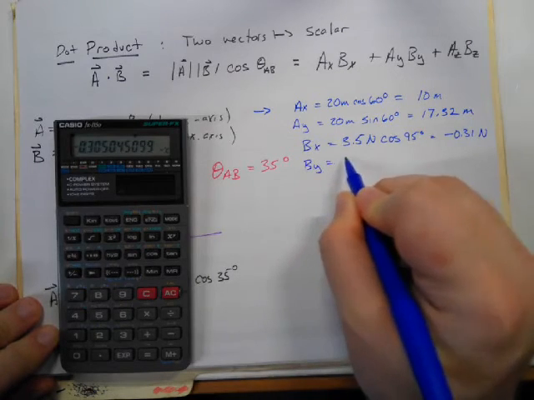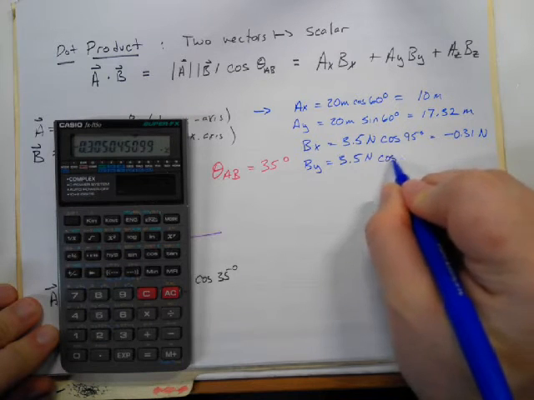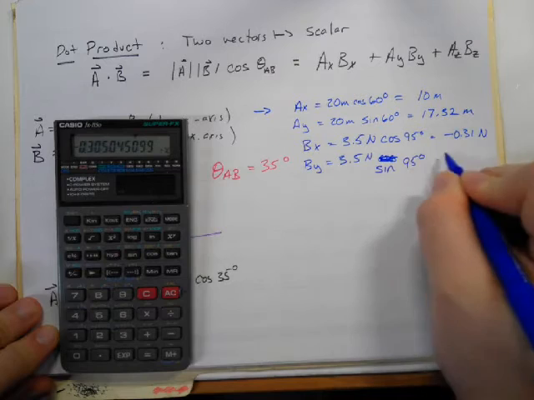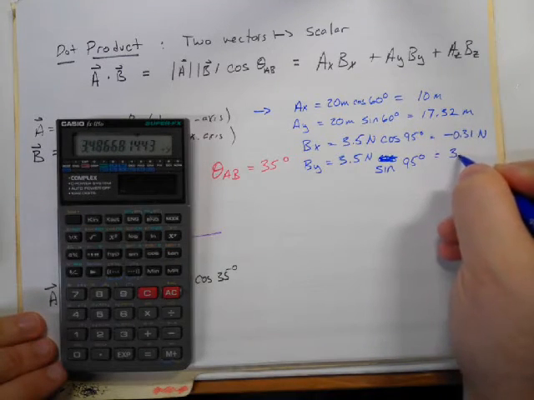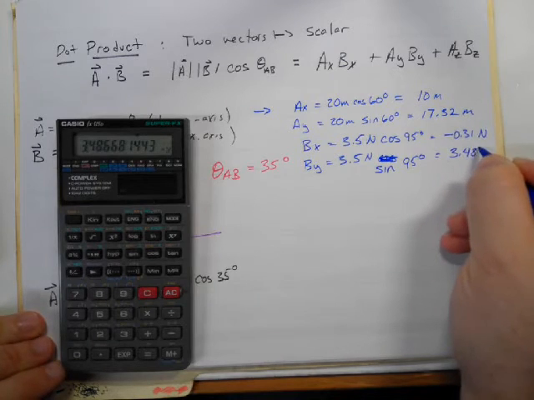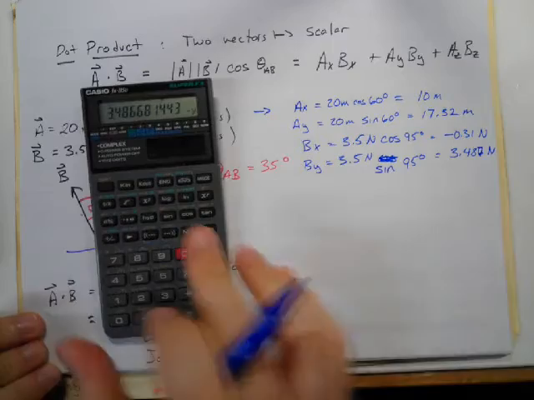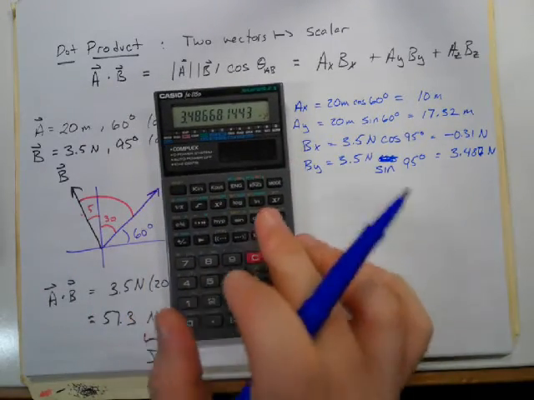B sub y is 3.5 newtons sine 95 degrees, and that is 3.487 newtons. And it rounds to 3.49. It's almost 3.5.